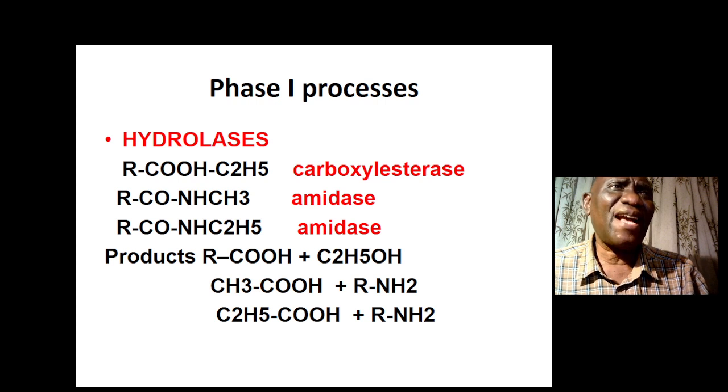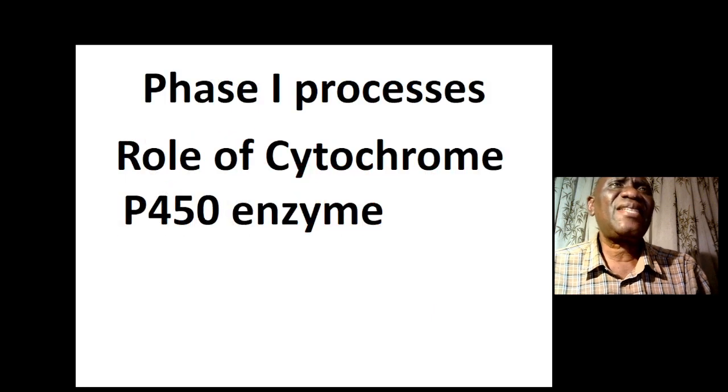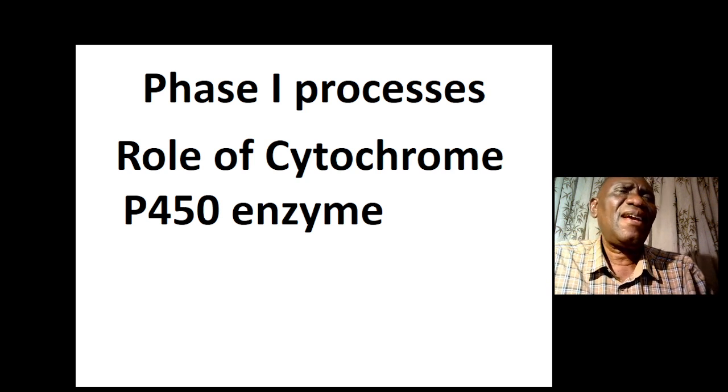Here again, it's an amidase. And these are the products. This one will produce an acid and an alcohol. These two will produce acids and amines. Now these are some of the hydrolysis enzymes which participate in phase 1.